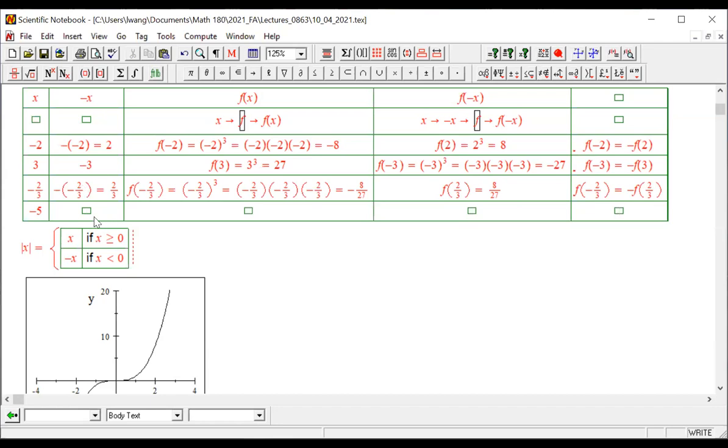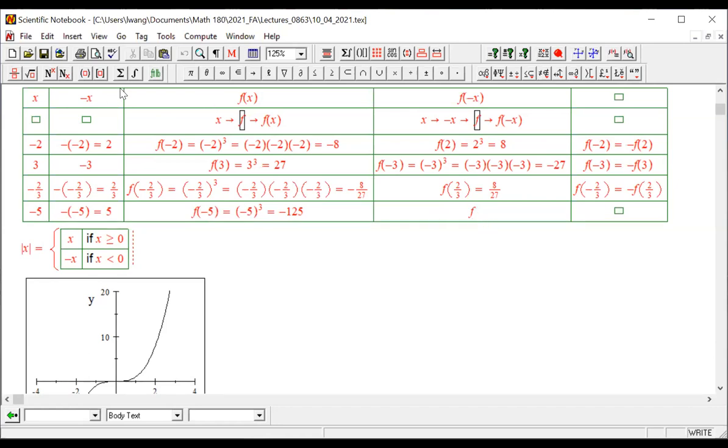Okay, so negative of negative 5 is positive 5. So f of negative 5 is going to be negative 5 to the power of 3. That's going to equal negative 125.